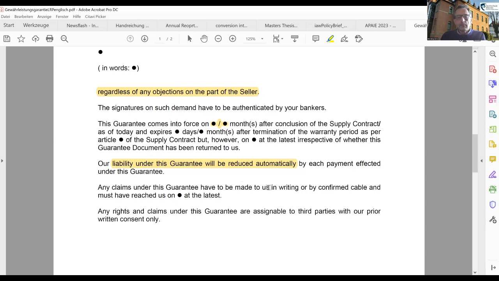And written form for the beneficiary of the guarantee if he wants to claim payment.